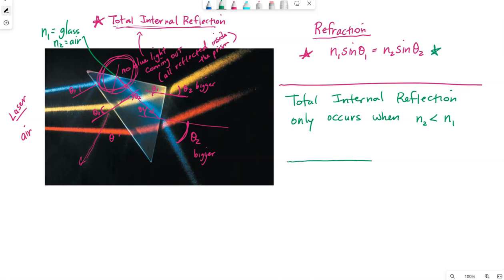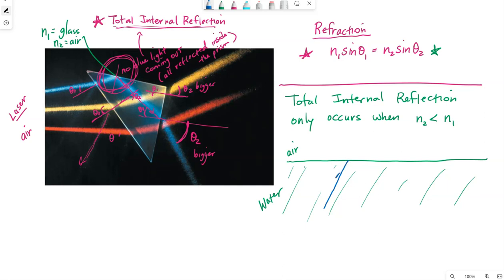So I want you to imagine for a second, we're in water. So let's say this is water, and this is air. If I had some sort of flashlight and I was shining this flashlight at the surface, if I draw my normal line, theta 1 I know is going to be smaller than theta 2.